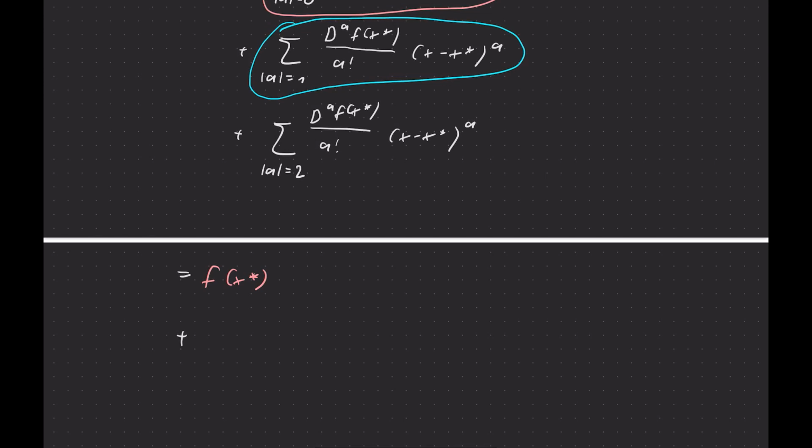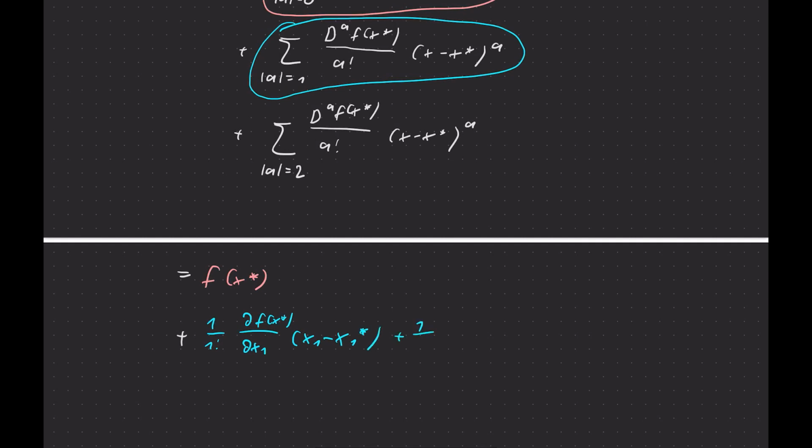Now what we have here is the case a equals (1, 0) and a equals (0, 1). So what we get in both cases is 1 over 1 factorial, then df/dx1 at x star times x1 minus x1 star.